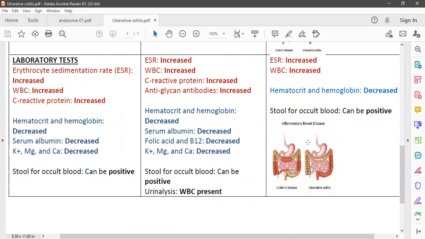So we are going to talk about three diseases: ulcerative colitis, Crohn disease, and diverticulitis. These three are inflammation of the bowel, inflammation of the colon, right, or bowel.